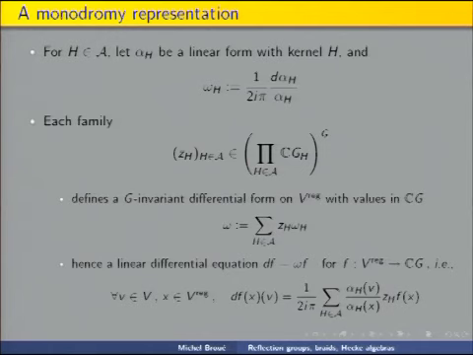This is exactly the same thing. The d alpha H of x is alpha H. The derivative of a linear function is this linear function. So it's alpha H of v, and the denominator is alpha H of x. So now it's a very concrete linear differential equation, which is once again defined by the datum of any G-stable family of elements in G_H. That's it.